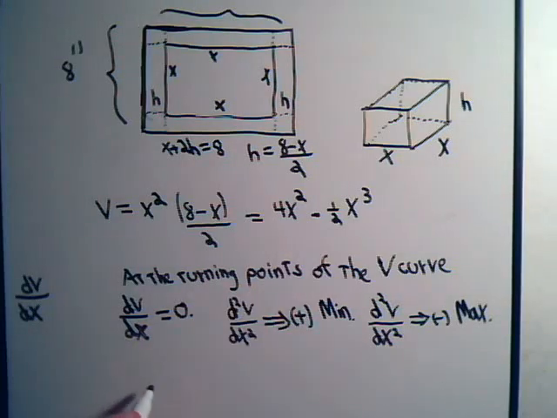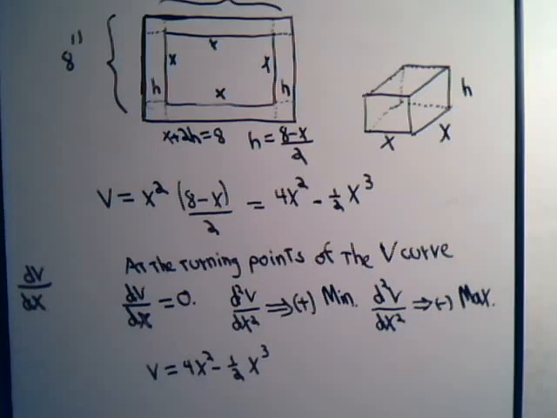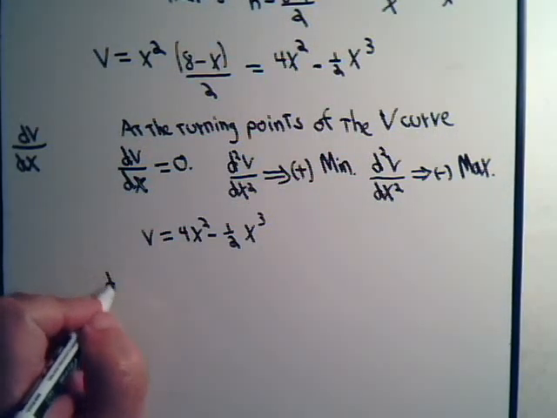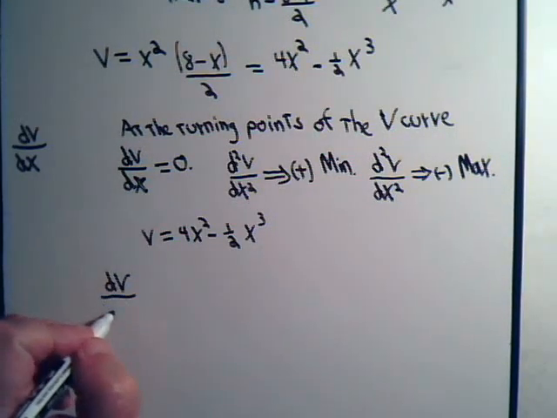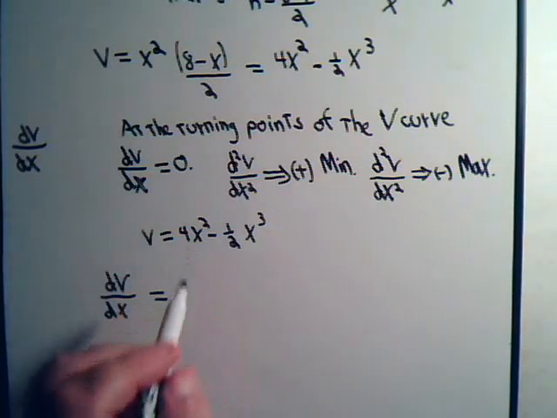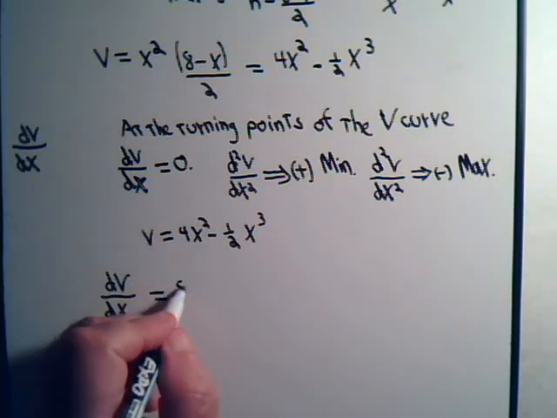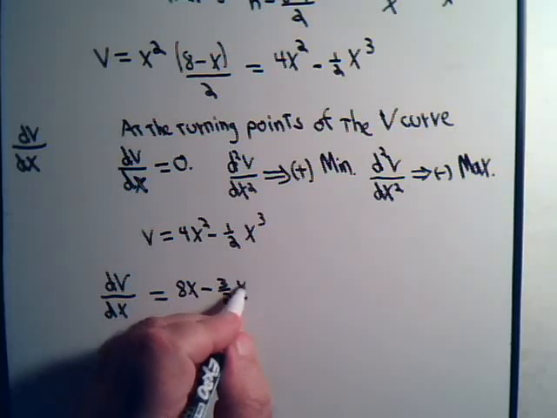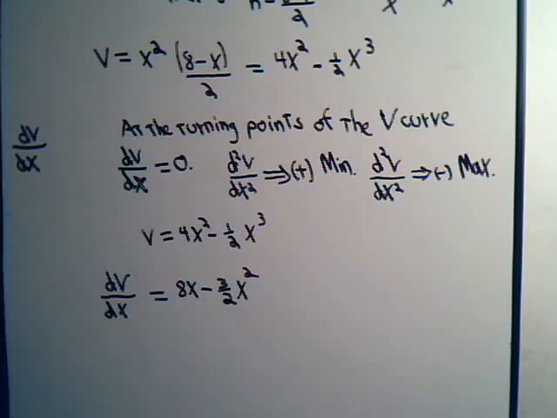So V equals 4x squared minus 1/2 x cubed. So dV/dx will equal 8x minus 3/2 times x squared.